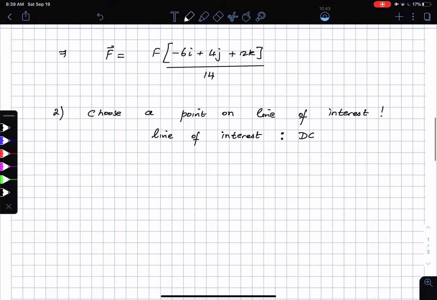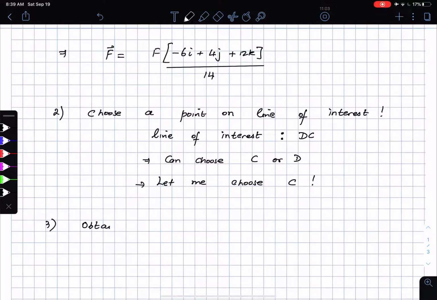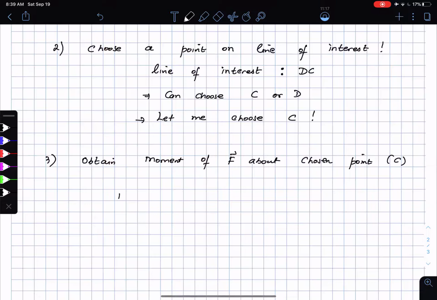Okay, let me choose C. Why not, right? Because it is an easy choice in life. We like easy choices. And then what do I do? I obtain the moment of F about the chosen point, which is the point C. So the moment about the point C due to the force F is going to be the cross product of the following.